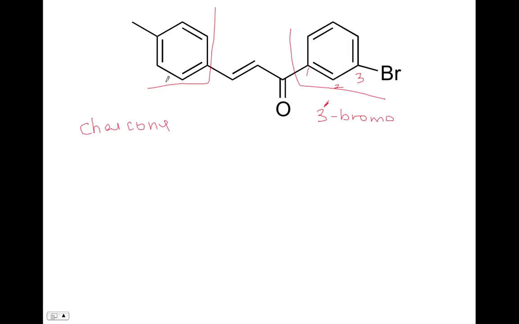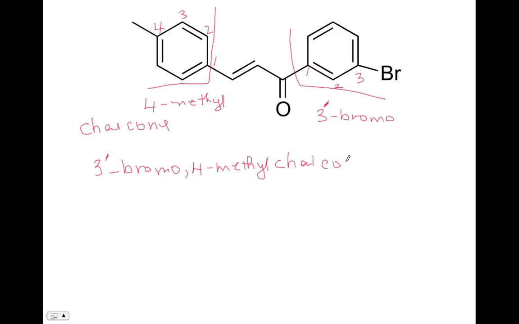And this one is again the 4-methyl, as we did before. So when we put those names together in alphabetical order again, it's 3'-bromo, 4-methyl chalcone.